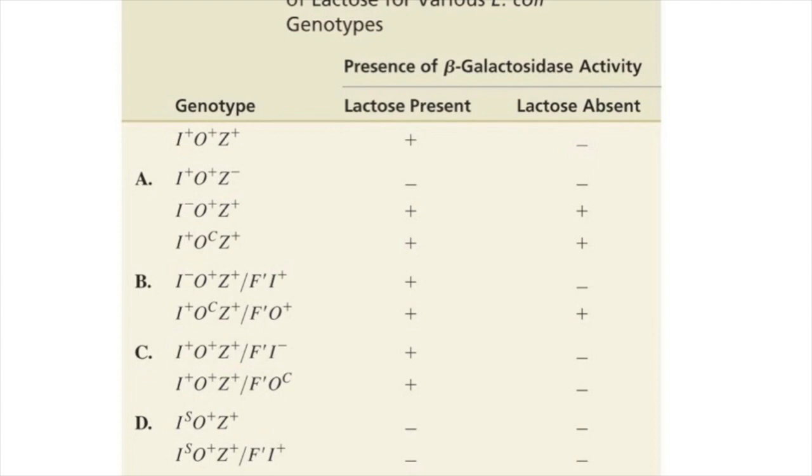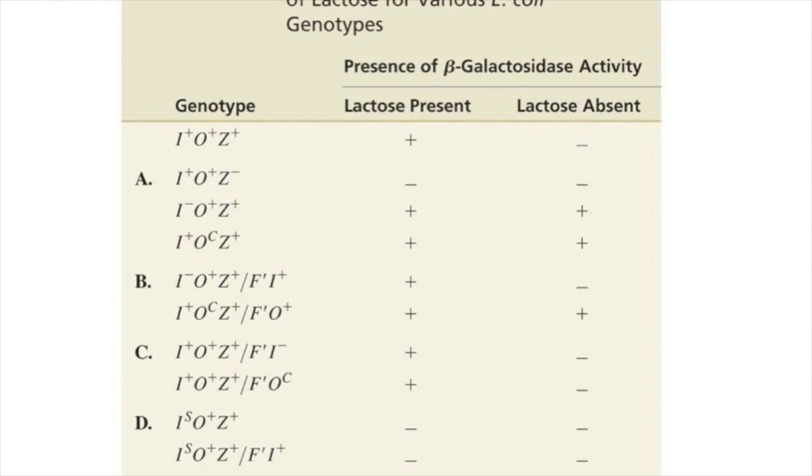Now let's look at example A, where the repressor gene and the operator are functional, but the LacZ gene, the beta-gal gene, is mutated and not functional. Well, of course, if the LacZ gene is not functional, you're never going to get any beta-gal, whether the lactose is present or absent.